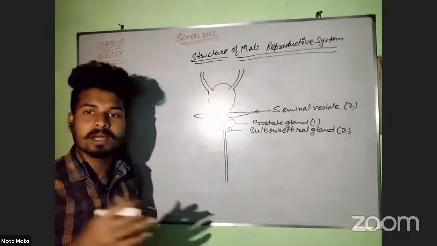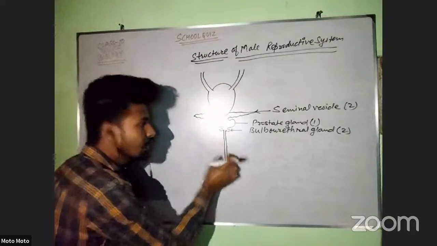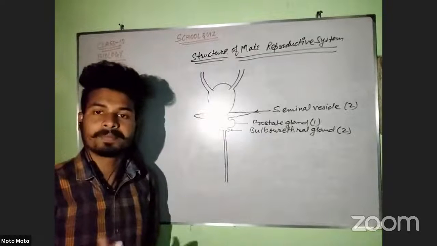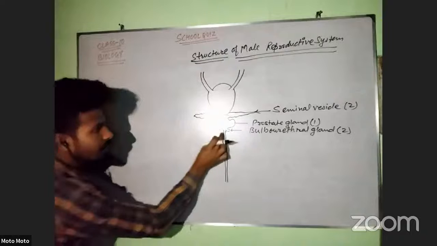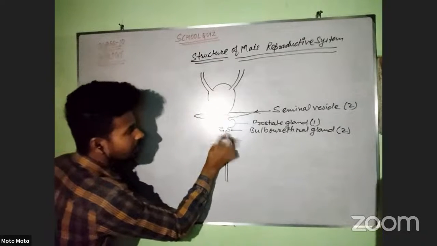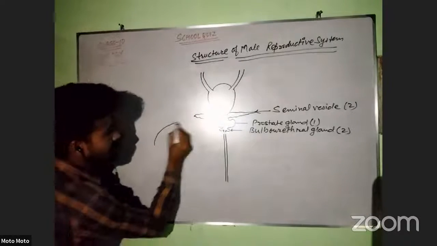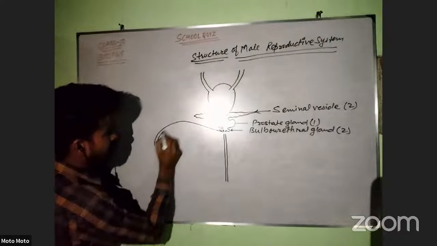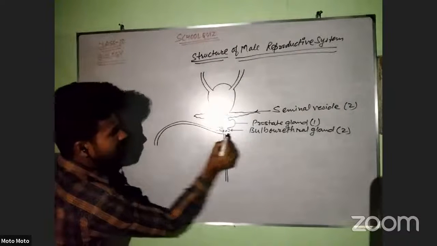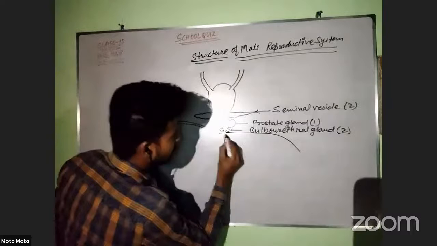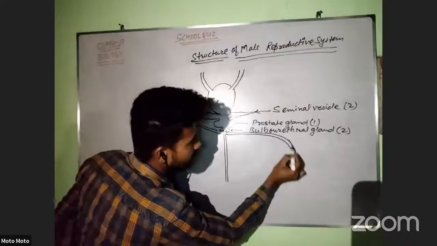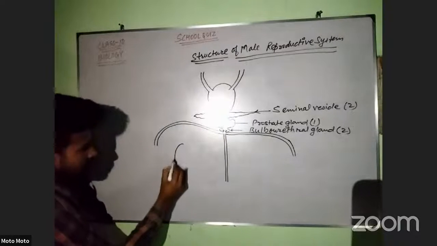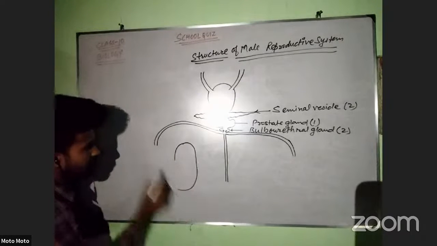Now this duct will be joined with the fine duct. As this place is too small, I am making it like this. It will be joined somehow like this.